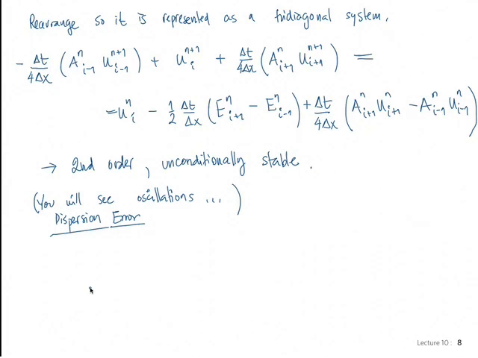Okay, so the scheme should be clear. Of course, whenever e appears, that is just the value of u times itself. This is just u^n at i plus 1 multiplied by u^n at i plus 1. So you can do that.